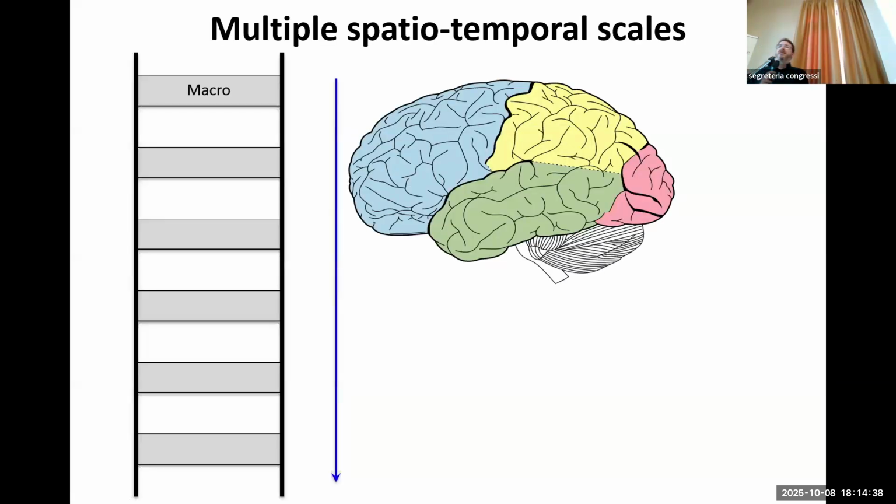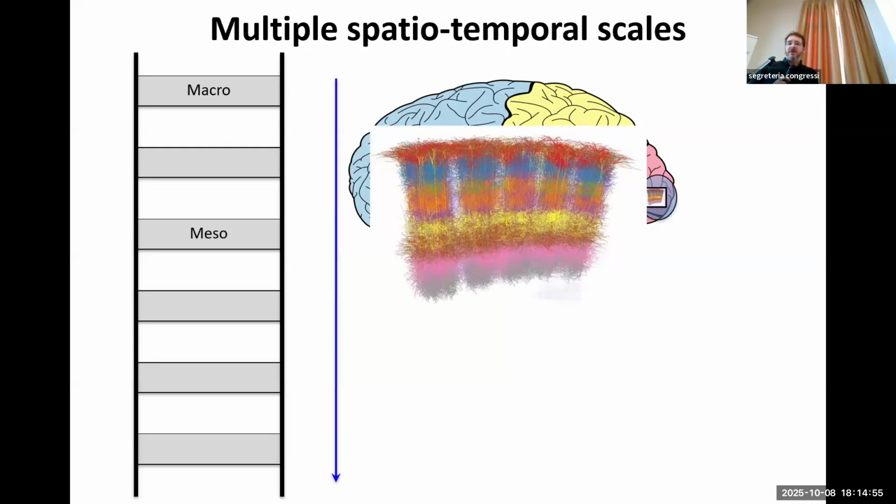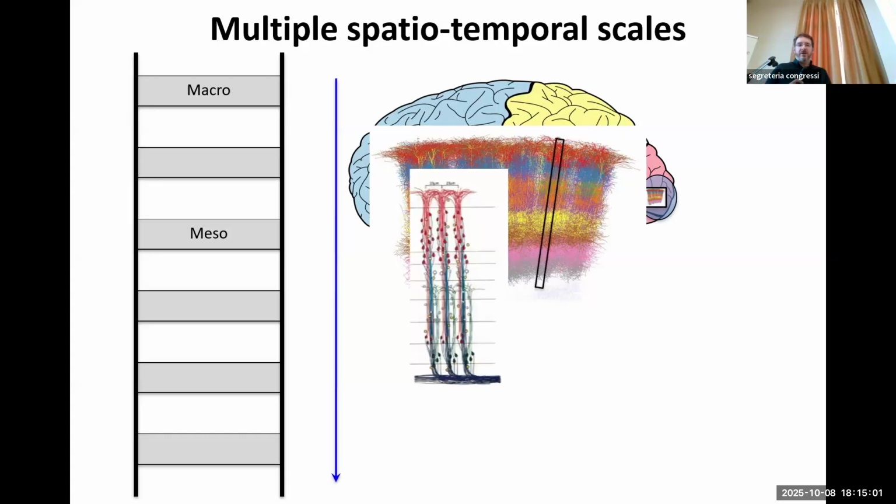So the motivation for the story is that when we study the brain as neuroscientists, or you as neuroscientists, me as not a neuroscientist, we can look at different spatiotemporal scales. We can look very coarsely at the different lobes of the brain that we've named, and go into more meso scales. We can look at cortical columns and these canonical microcircuits.